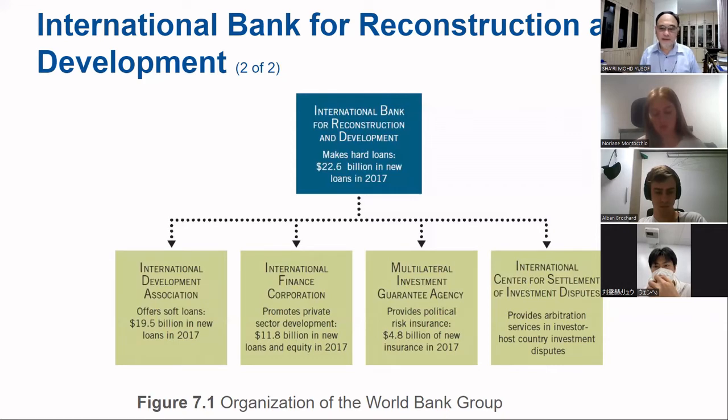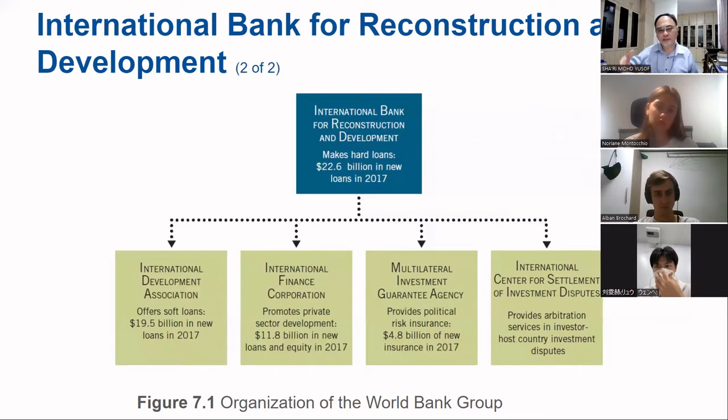And the International Center for Settlement of Investment Disputes, okay, this provides arbitration services in investor host country investment disputes. So basically, these are all World Bank entities, the World Bank Group, they call it. And of course, parallel to this, there are regional development banks like the Asian Development Bank, the African Development Bank.